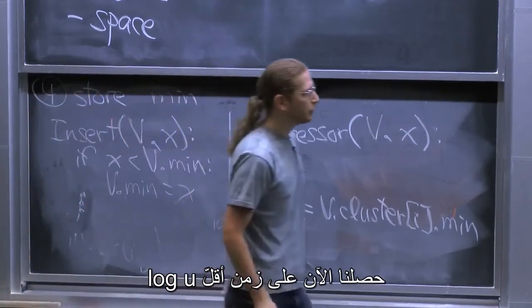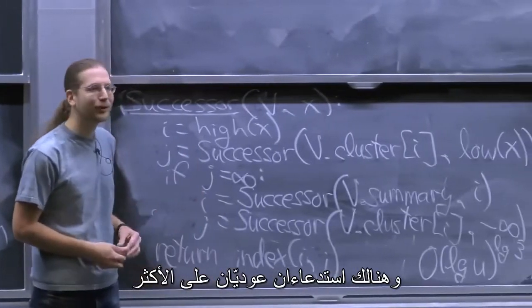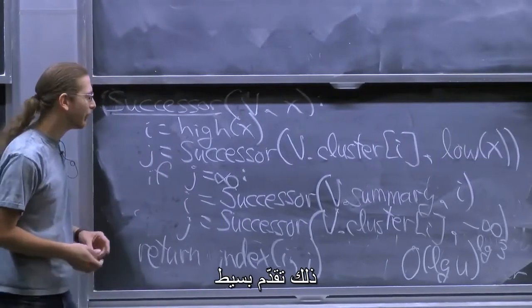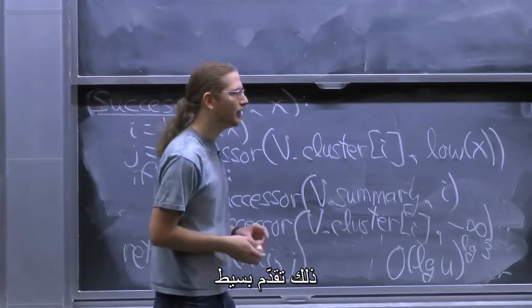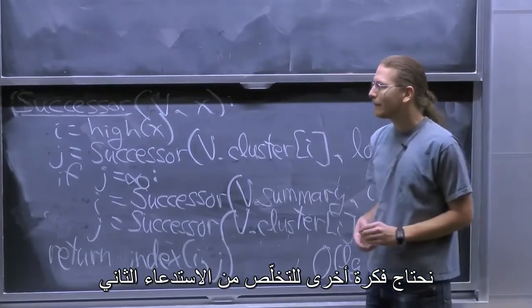So now we're down to log U performance. We only have at most 2 recursive calls, so that's partial progress. Well, we need another idea to get rid of the second one.